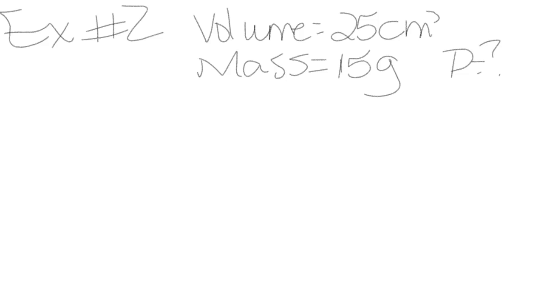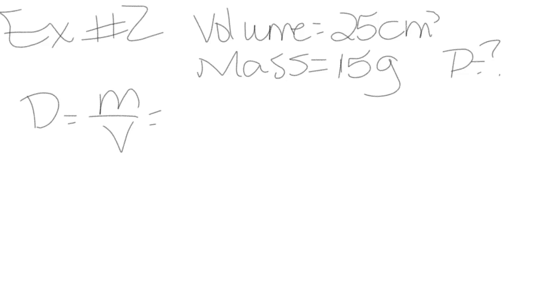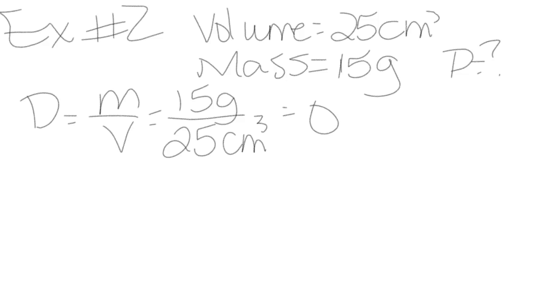Again, D is equal to M over V, which gives me 15 g over 25 centimeters cubed. 15 divided by 25 gives me 0.6 grams per centimeters cubed.